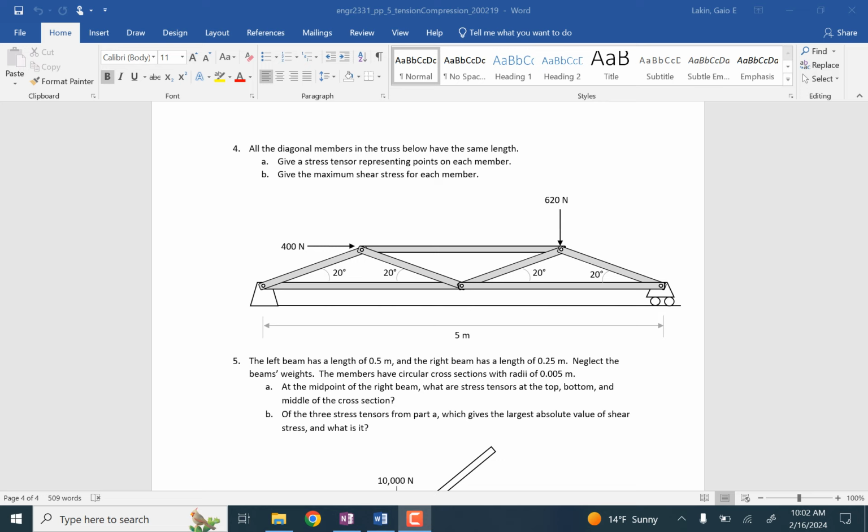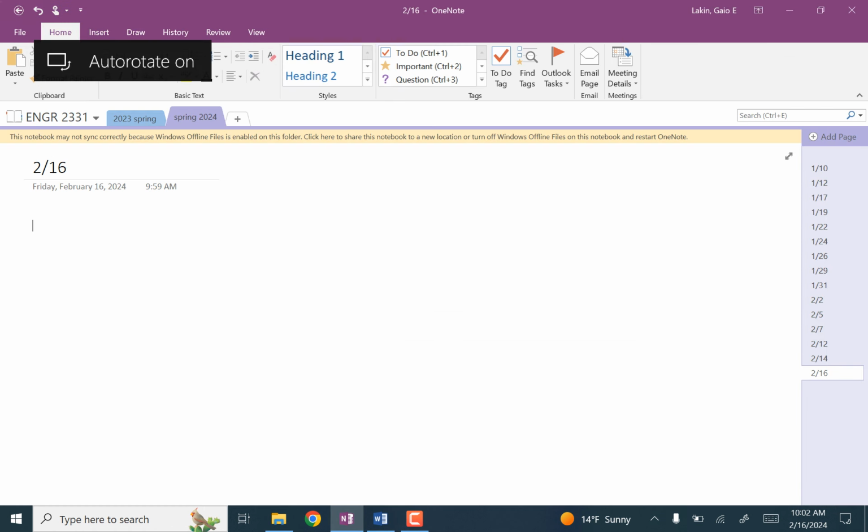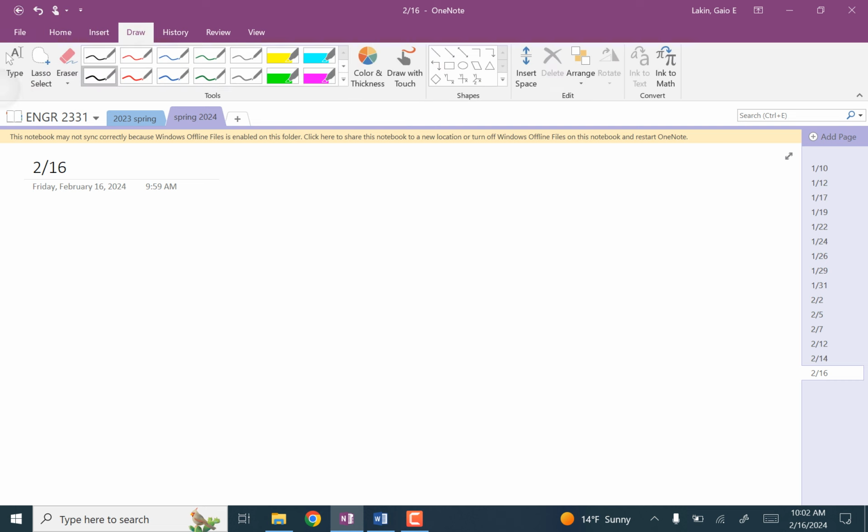And the short ones, you can figure out from, these are all 20 degrees, 400, 620. Okay, so this is tension compression. Number 4.